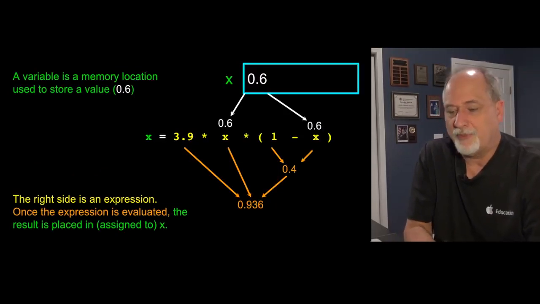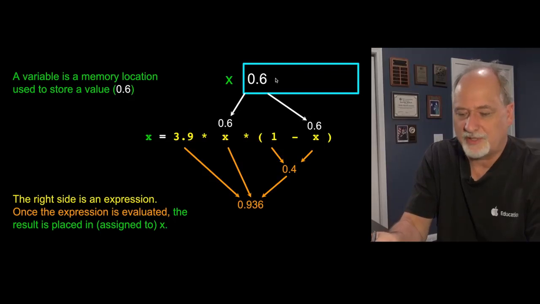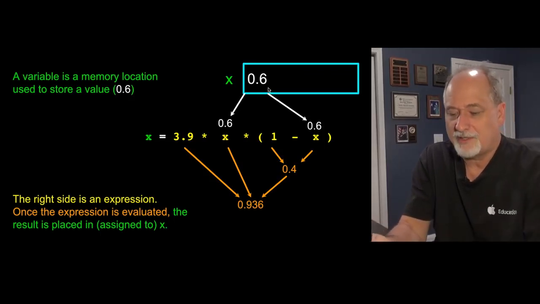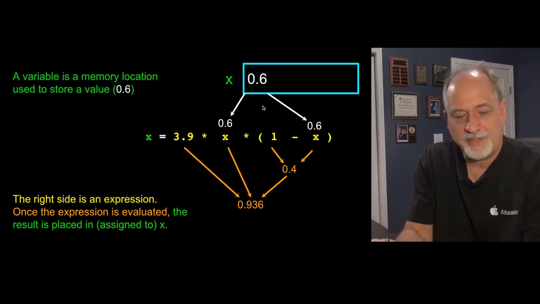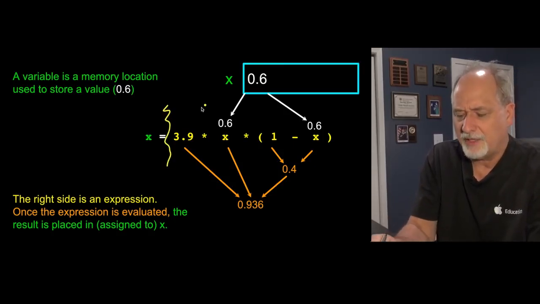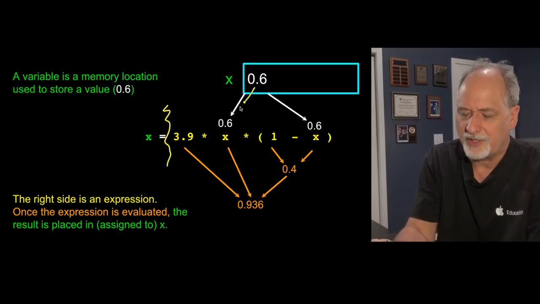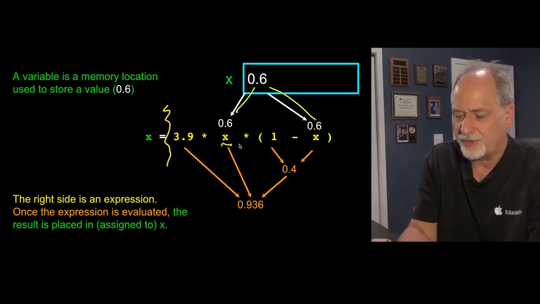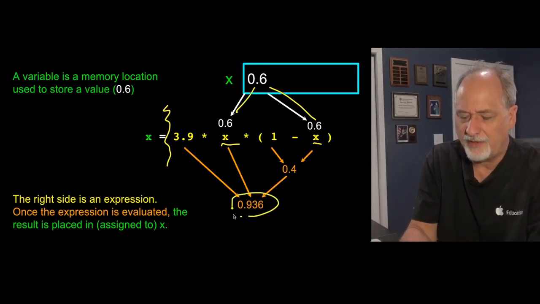And so if, for example, x has 0.6 in it, what happens is that it ignores this part right here and evaluates the expression. So everywhere x appears, it pulls 0.6 out, then it starts running these calculations, and then it has the new value.